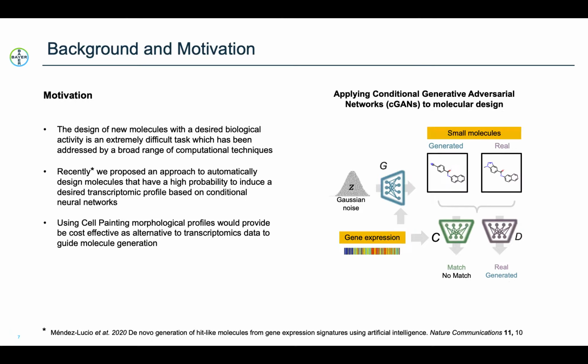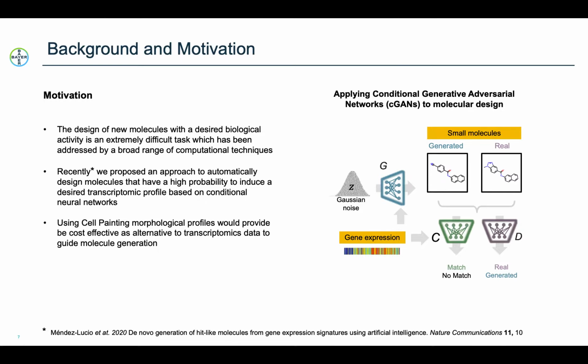All right, our idea was then to use this framework to generate small molecules instead of digit images, and instead of using integers for the condition, to condition the generation process on gene expression profiles.